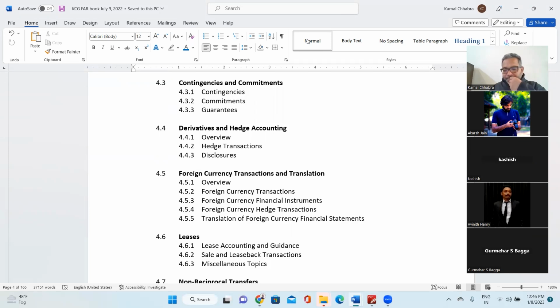It's not yet finalized, but it is expected that it might raise some liability towards the company. Anyone else would like to add? Gurmehar? Kashish? Akash? Shant? Would you like to add something?